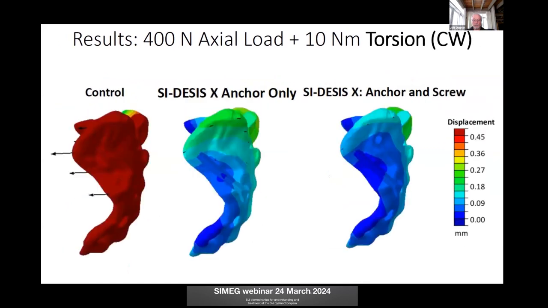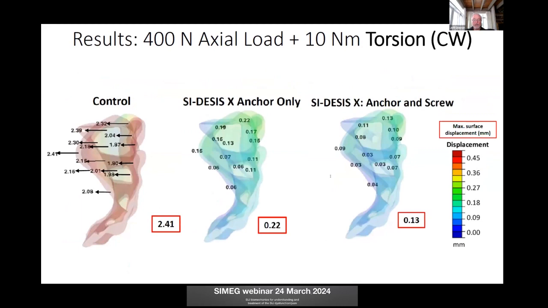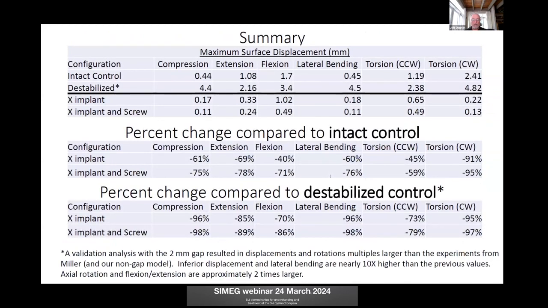So let me get to the bottom line here to save some time. What we found out is if you place the implant, which we call the X as described, and compare to just the intact control, without the cartilage being removed, you still see significantly decreased motion in terms of percentages.